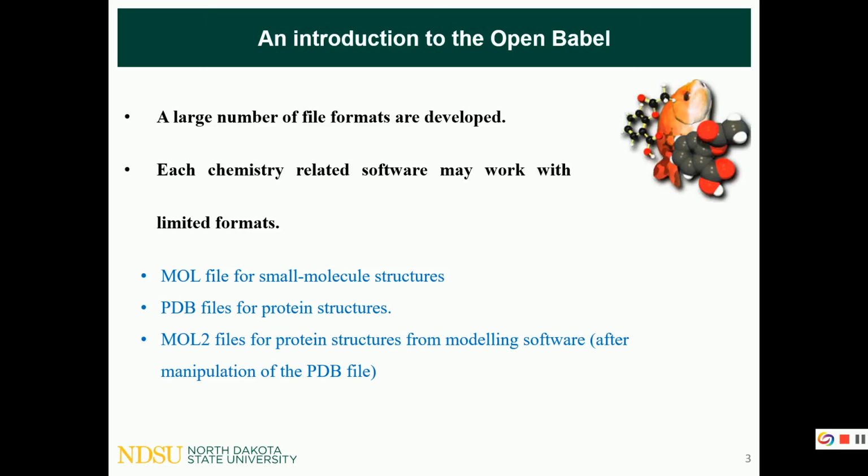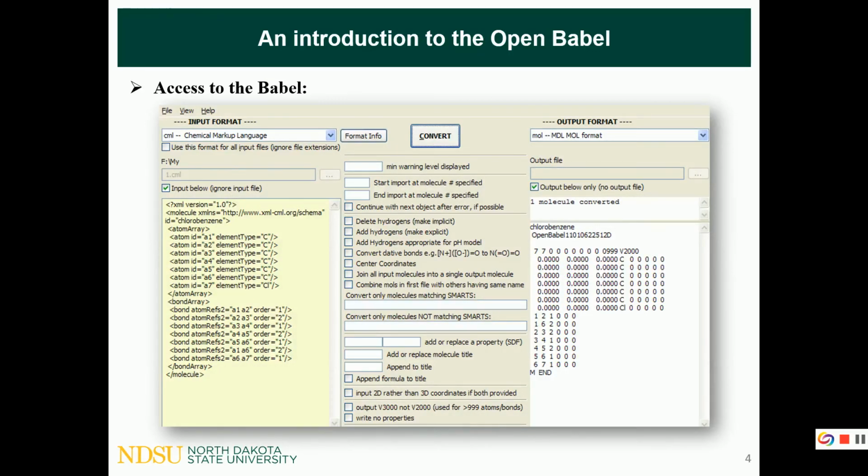Also, there are some common formats, for instance, MOL files for small molecules, PDB files usually for protein structure, or MOL files again for modified protein structure. Each of these files can be converted to other formats using OpenBABEL. This is a snapshot of the Windows interface for BABEL.